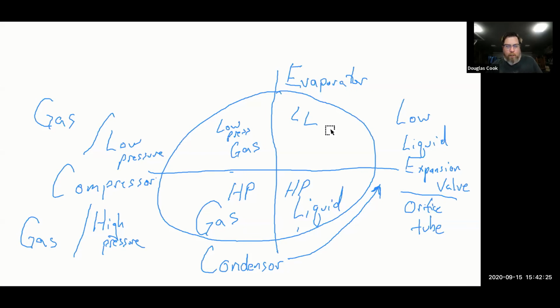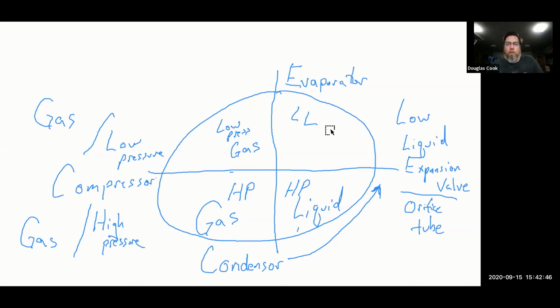It's evaporating, again, just like the name implies, and it travels through the evaporator and back to the compressor. So it's taking the heat from the passenger compartment and transferring it back around to the condenser, where it can release it out into the atmosphere and turn back into a liquid.